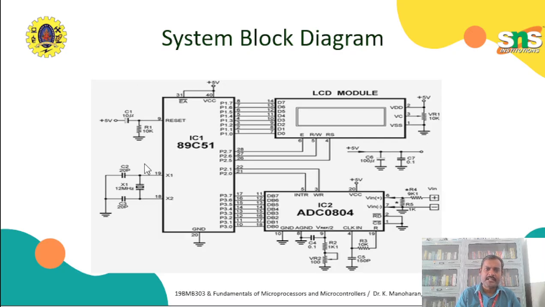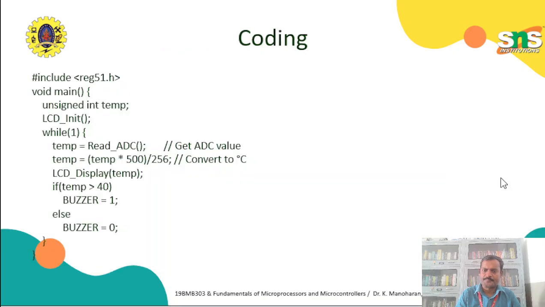Here we have a crystal connection and this is the reset circuitry. So we measure a value from the temperature sensor and convert it to digital form, and that is given to the microcontroller. The microcontroller processes it and that information is displayed on the LCD module. For example, if you need buzzers or alert information, that also we can connect with the remaining ports.